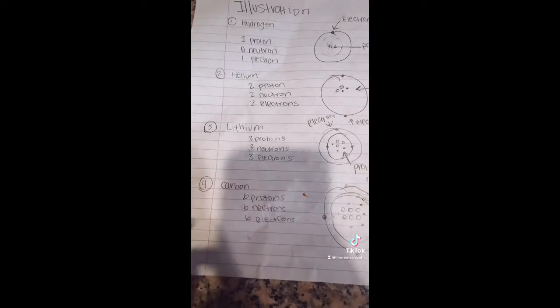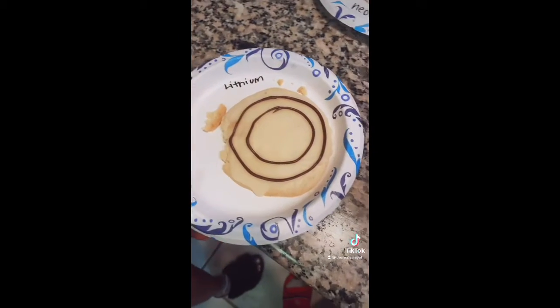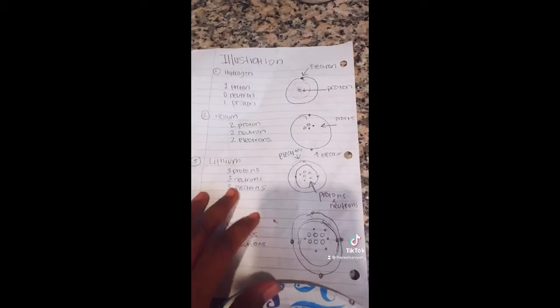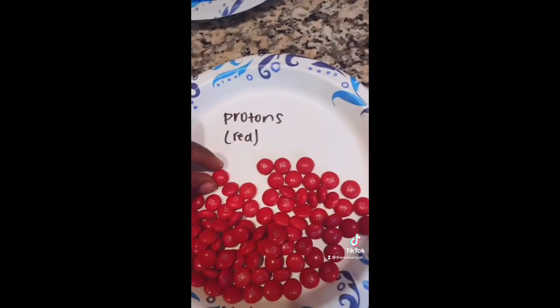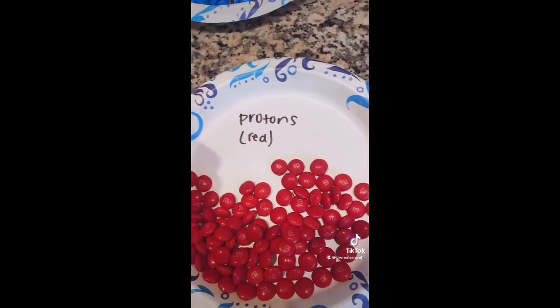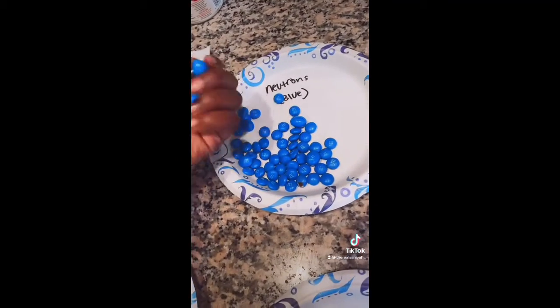Next we have lithium. She already got the 2 outer shells and inner shell. Alright, so lithium has 3 protons, 3 neutrons, and 3 electrons. So we're going to do 3 reds for protons. She's going to place them in the middle. Then we have 3 neutrons, blue.